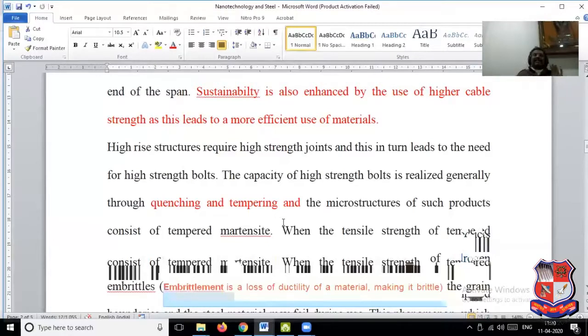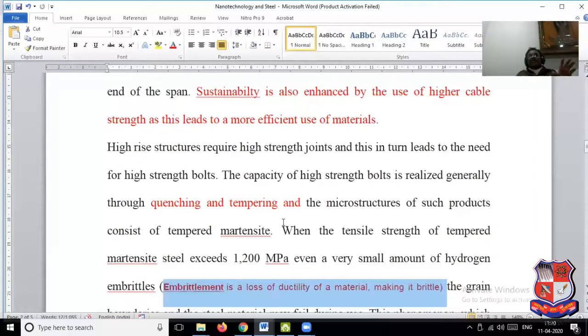High rise structures require high strength joints, and this in turn leads to the need for high strength bolts. So not only cables, we have requirements of other materials also, other steel based parts. Among them, one is the bolt. The capacity of a high strength bolt is realized generally through quenching and tempering.